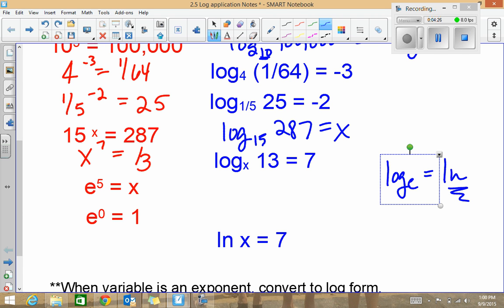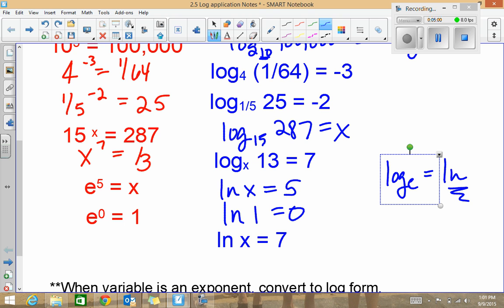So writing e to the 5th equals x as a log would be just natural log of x equals 5, because that takes care of log base e of x equals 5. Similarly, e to the 0 equals 1 would again be natural log, so that gives us log base e of 1 equals 0.